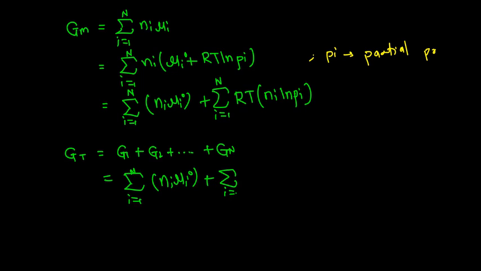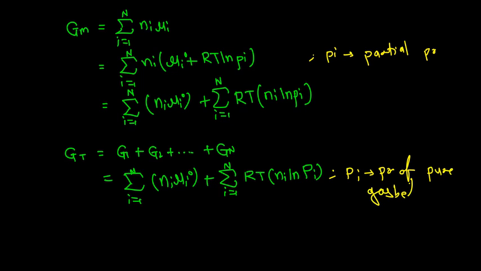Now before mixing there is no partial pressure, but every gas is present as a pure component. So I will write this as summation RT Ni ln Pi. Now this is capital P, and capital Pi is the pressure of pure gas before mixing.